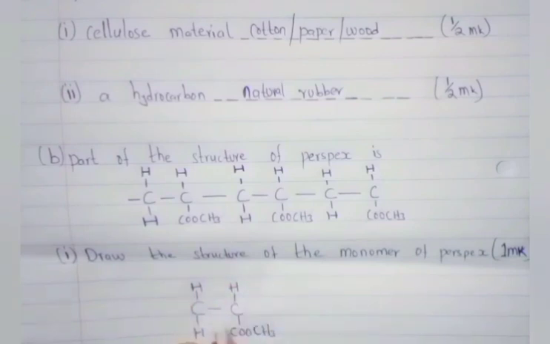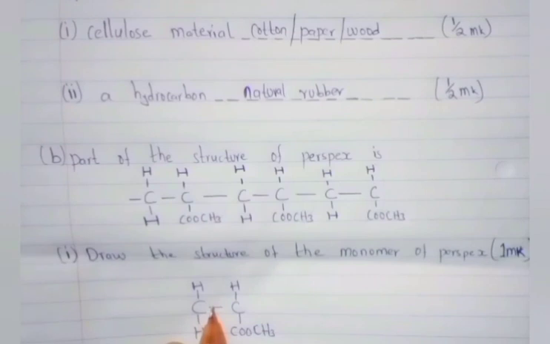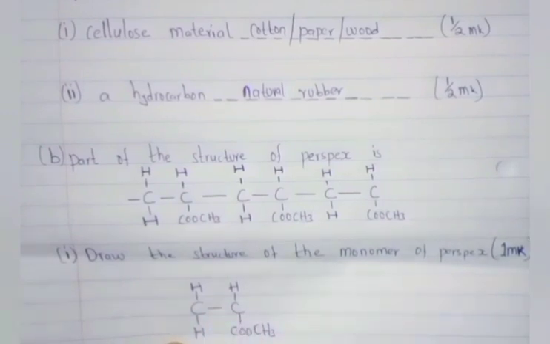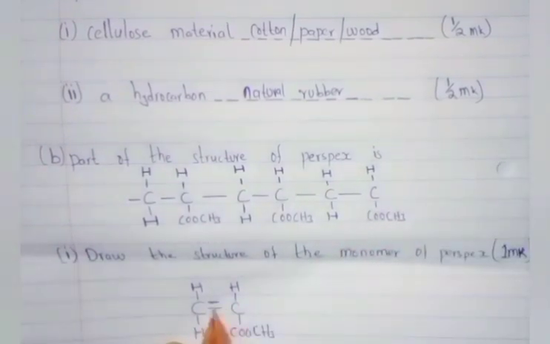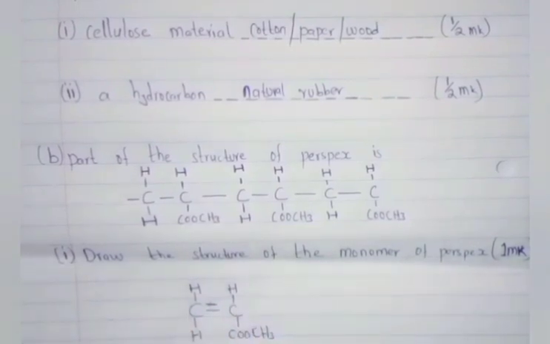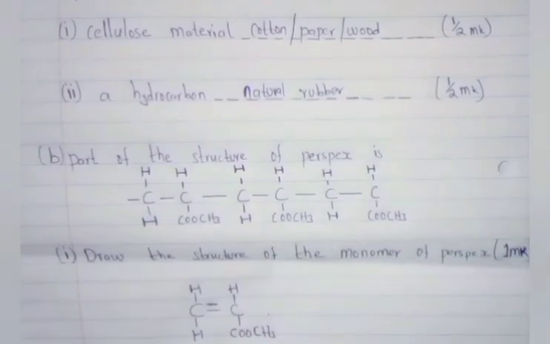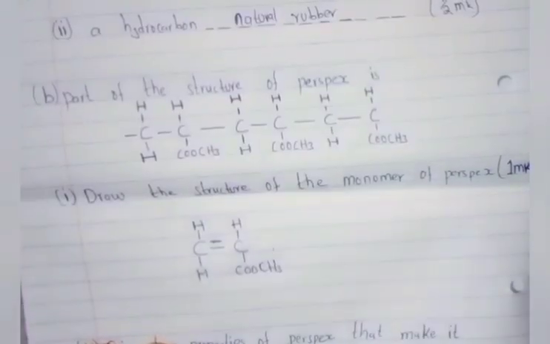But remember, this unit is not stable here because if you look at here, we have a bond 1, 2, 3. So to make this one stable, you have to add another bond here to make a double bond, so that we have 1, 2, 3, 4. So the first carbon is stable. The second carbon, we have 1, 2, 3, 4. So the second carbon is stable. So this is the monomer. That's the structure of the monomer.